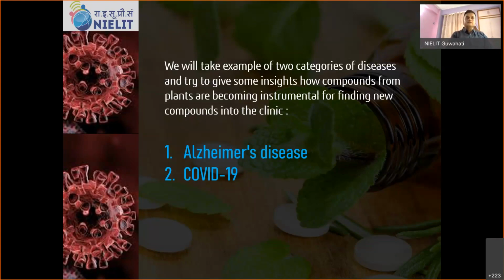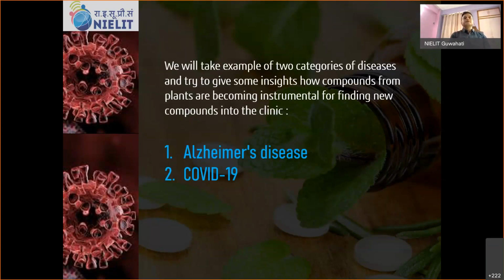So we can use analytical, biochemical analysis. We can do the analysis, and we can have the compounds detected. And with the help of computational techniques, we can prepare combinatorial libraries of those plant compounds.